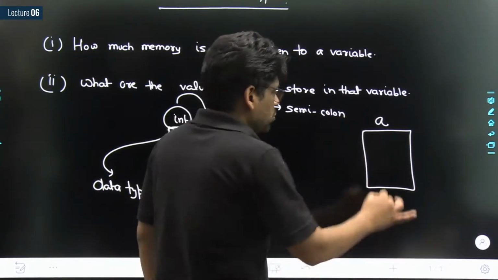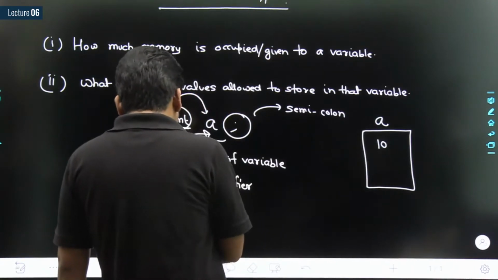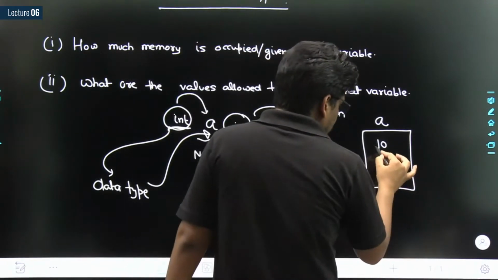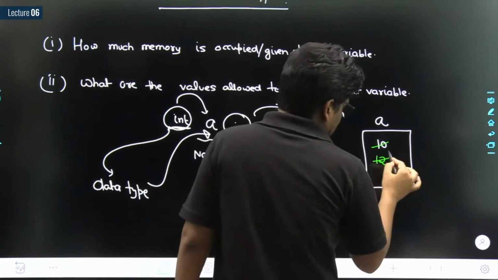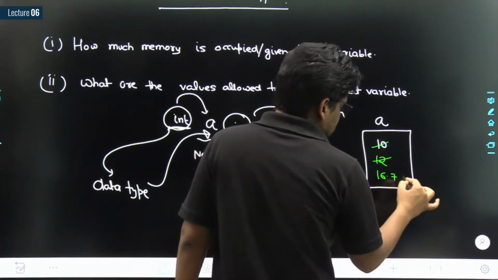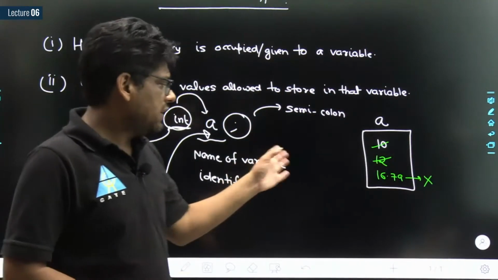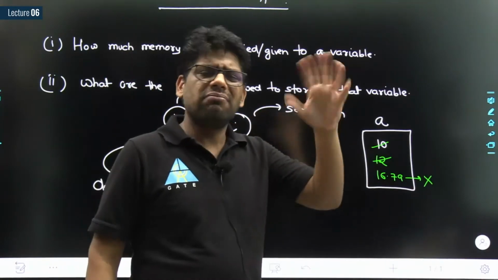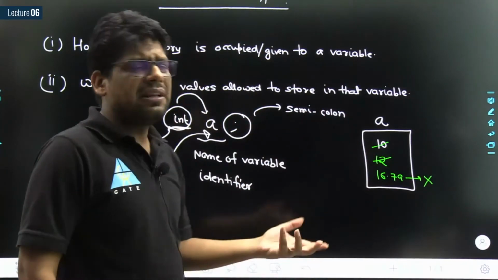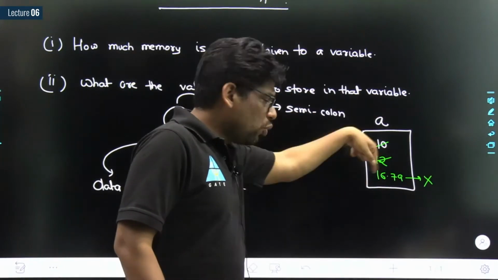If I ask you, can I store 10 here? Yes, sir, because 10 is an integer. Can I store 12 here? Of course. But can I store 16.79? No, sir. Not exactly. Even if we try to store it, exactly 16.79 will not be stored inside a.